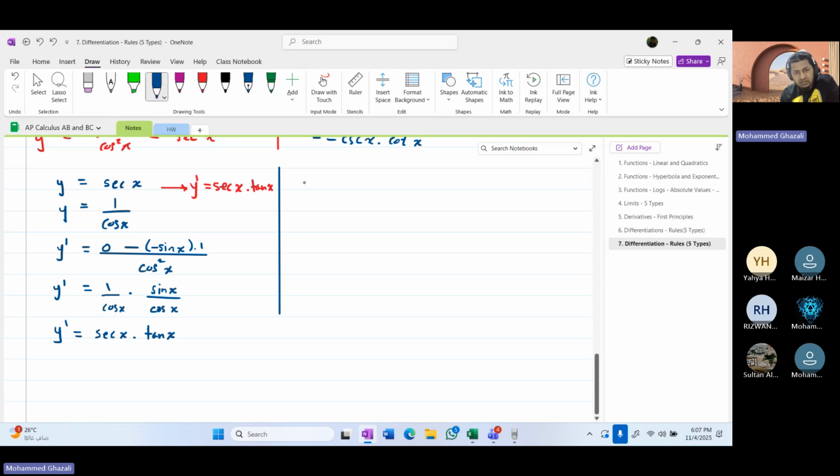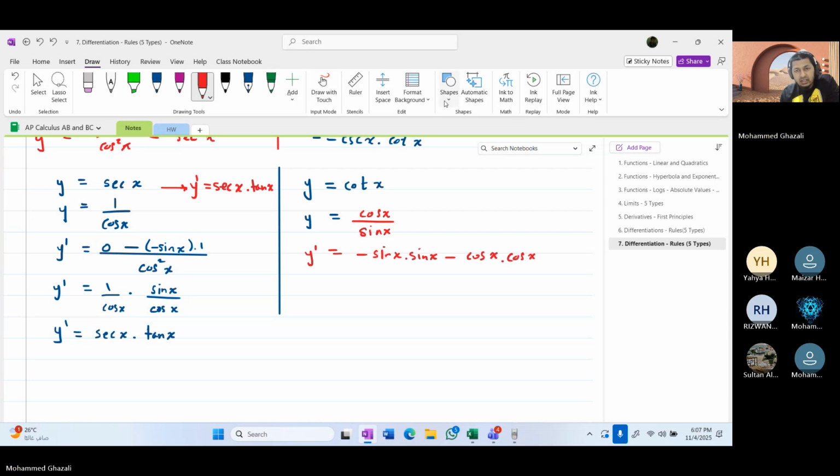And now we have the last one left, which is y is equal to cot x. So what's the derivative of cot? We can't find the derivative, simplify first. We're going to say cos over sine. So y prime is derivative of cos is negative sine x times sine x, subtract derivative of the denominator, which is cos x times cos x, and over the denominator squared, which is sine squared x.